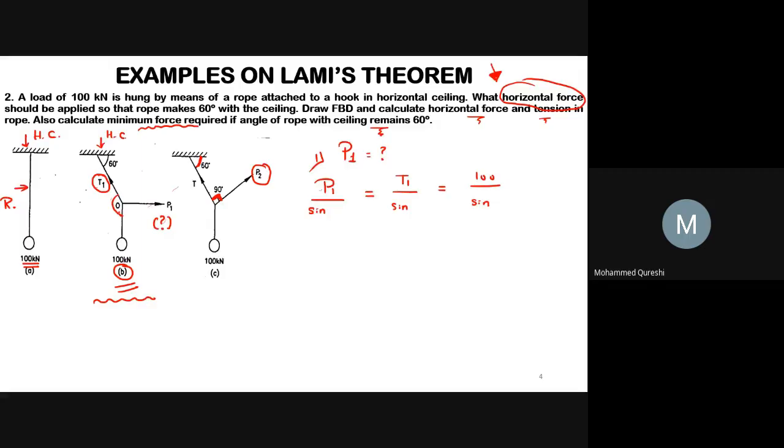So applying Lami's theorem, P1 upon sine, then T1 upon sine, equals 100 kilonewton. So 100 upon sine. So applying Lami's theorem for P1, the angle between the other two means this angle. Okay, so we have to plot the free body diagram for figure number B.